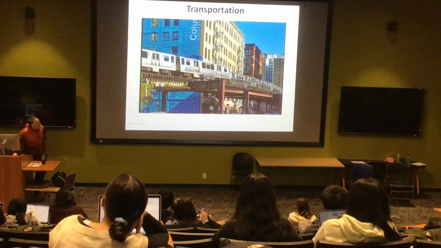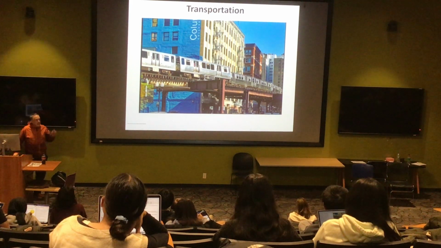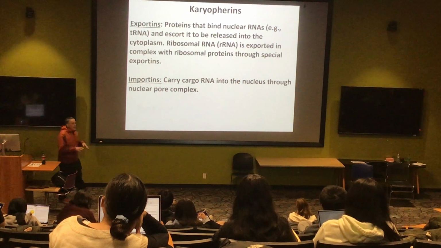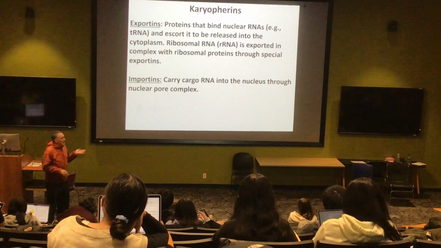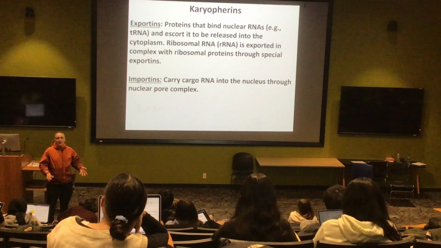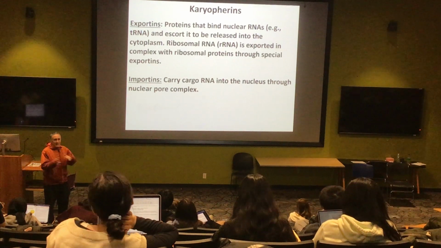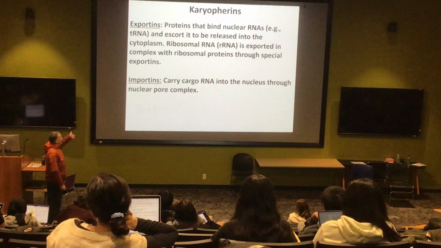So before we go further, we want to talk a little bit about this process of transportation, getting things to the right place. The proteins that are involved in this transport are collectively known as the karyopherins, and not surprisingly, they can be divided into two families that work roughly similarly to one another, but do exactly the opposite thing. We have the exportins and the importins.